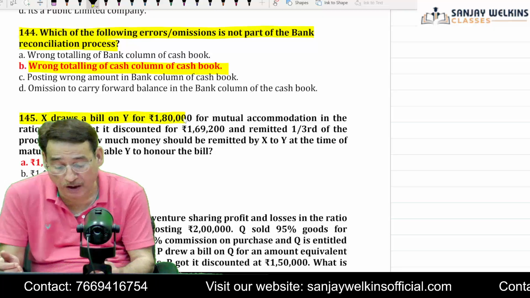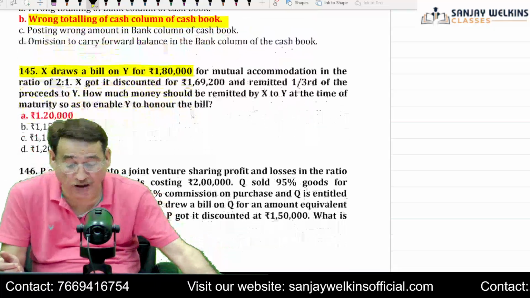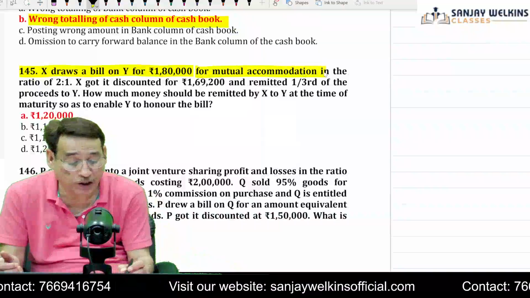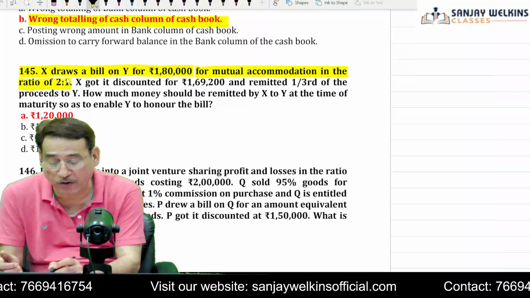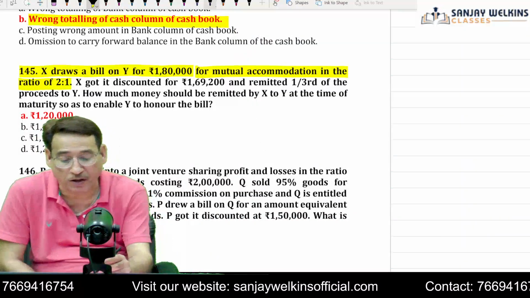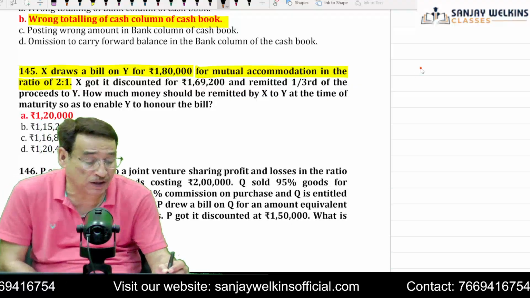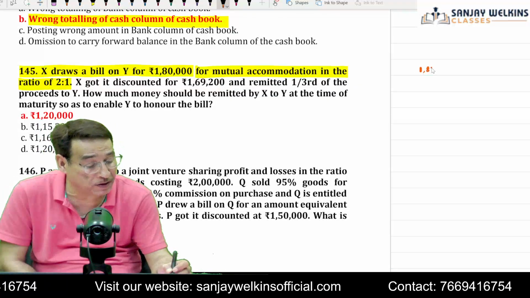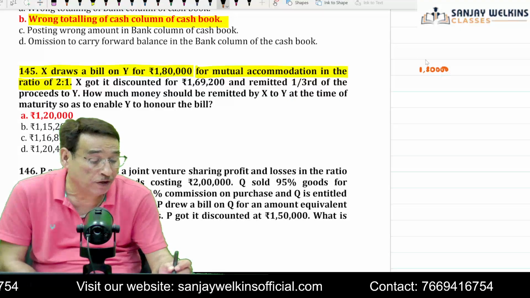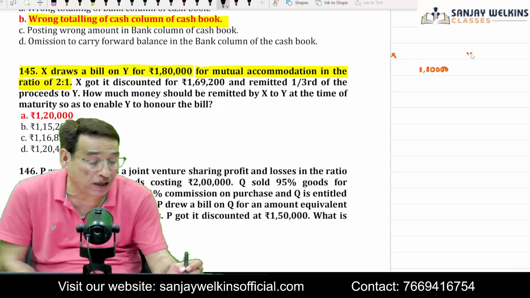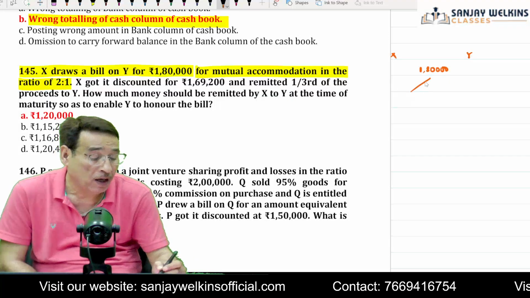X draws a bill on Y for rupees 1,80,000 for mutual accommodation in the ratio of 2:1. We have already done this particular question earlier. Some questions have been repeated. 1,80,000 is the amount of the bill which has been drawn by X upon Y for mutual accommodation.